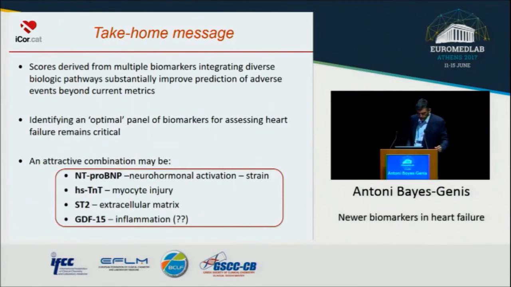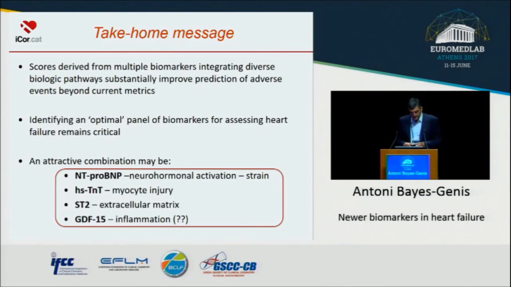So let me summarize what I just said with these take-home messages. Scores derived from multiple biomarkers integrating diverse biological pathways substantially improve the prediction of adverse events beyond the current metrics.